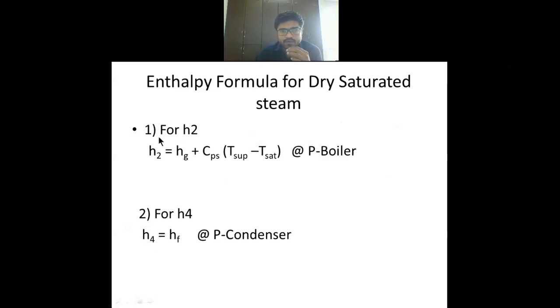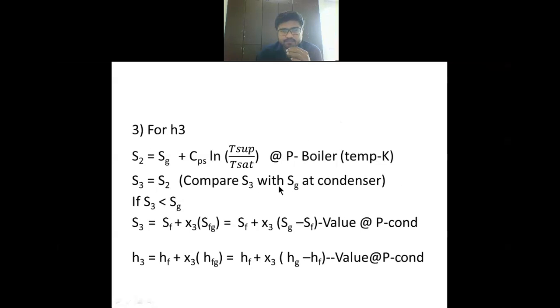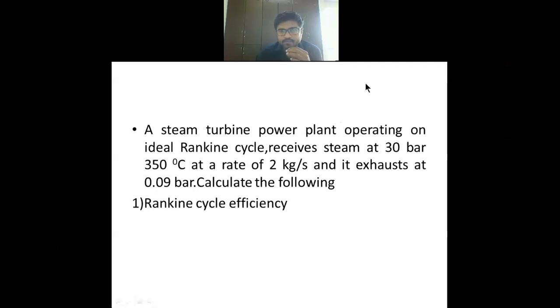So these are the formulas for h2, h4, h1 and h3. This is the data for the example. Which are the pressures? 30 bar and 0.09 bar. What is the temperature? Here a temperature of 350 is given, and this is for 2 kg. Clear? So first we will understand the table taken from the steam table.